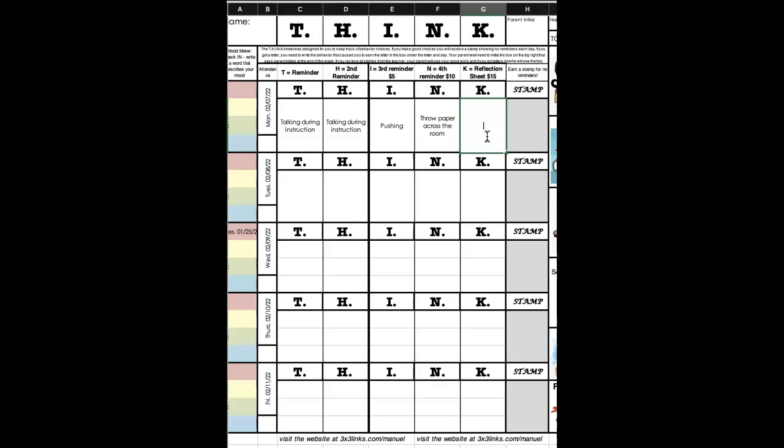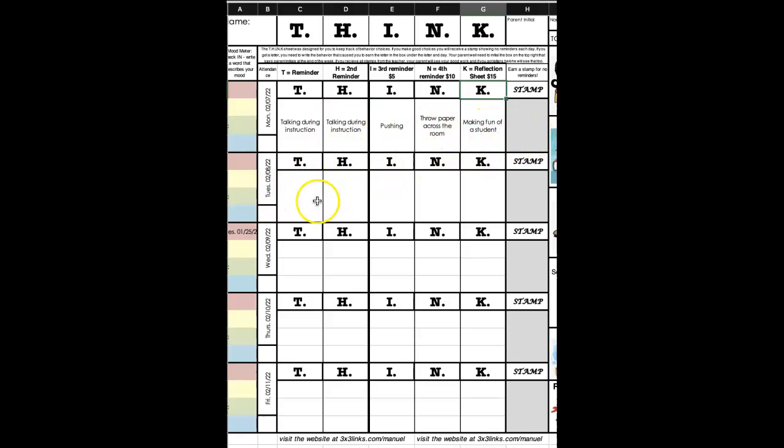So you'll still write the behavior here, for maybe making fun of a student. And then I will also give you a paper that you need to fill out to reflect on your behaviors for the day, and your parent will sign that. And if you do get to a K, I make sure that I get in contact with your parents so they know that you had a rough day. And maybe there's a reason for your rough day, and maybe I need to know and be aware of what that is. So that's what happens when you get to a K.